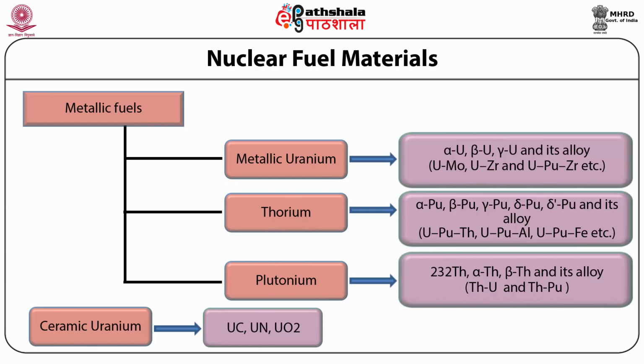However, water-cooled reactors avoid the use of metallic fuels because of compatibility issues between water and metallic fuel, as at higher temperatures the metal fuels could form metal hydrides or oxides.